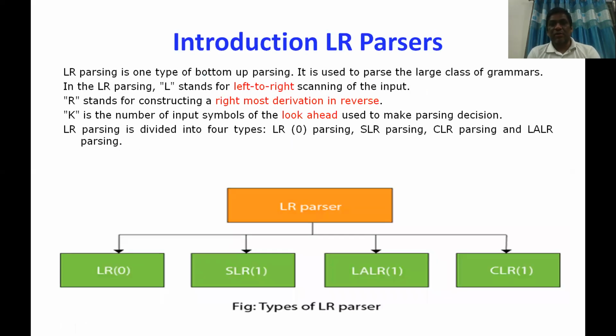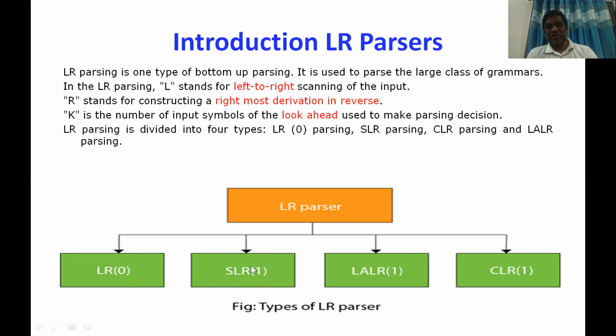These are the general problems that we encounter with shift reduce parsers. These conflicts can be overcome with more powerful parsers. We will discuss all the parsers available here. LR parsers are generally classified into four categories: LR(0), SLR, LALR, CLR.